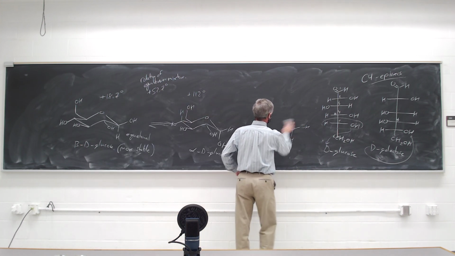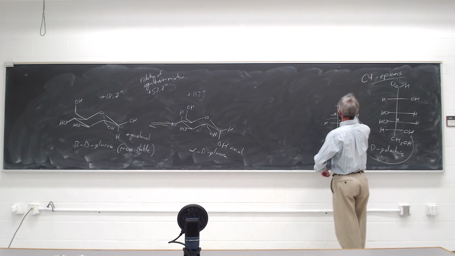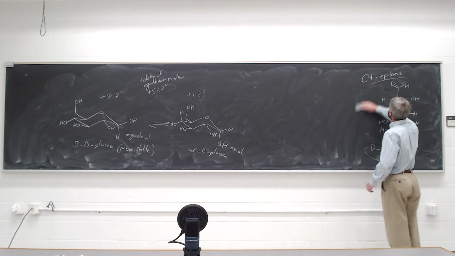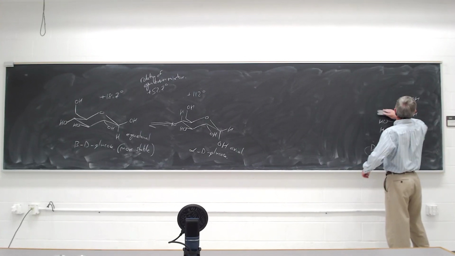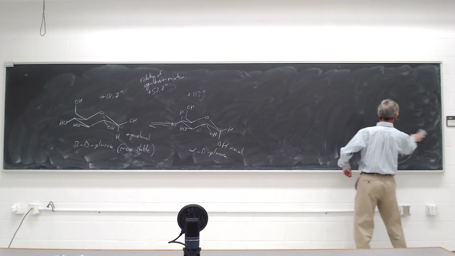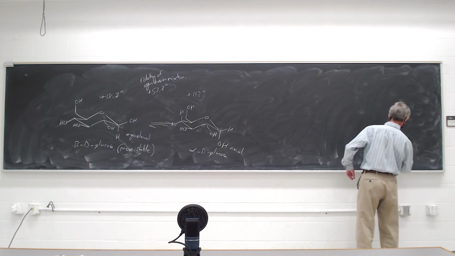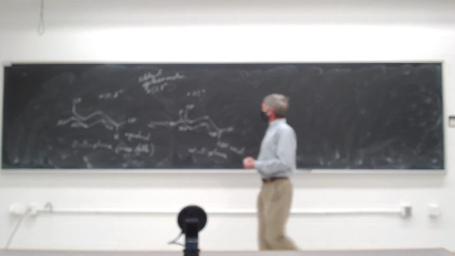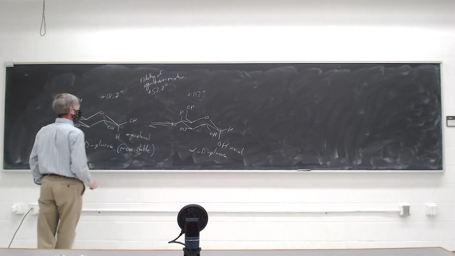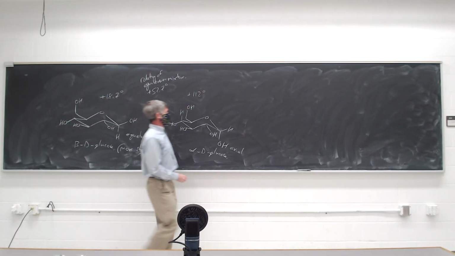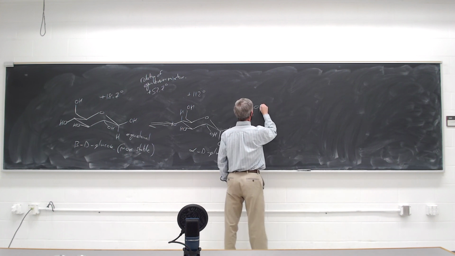Can we use that information to determine what the ratio of those two anomers is? The open chain form is only about 0.03%.